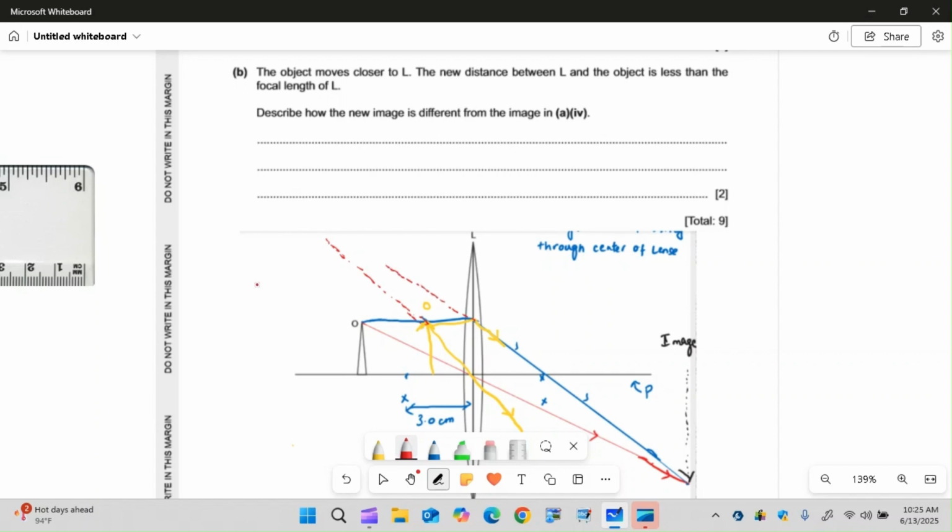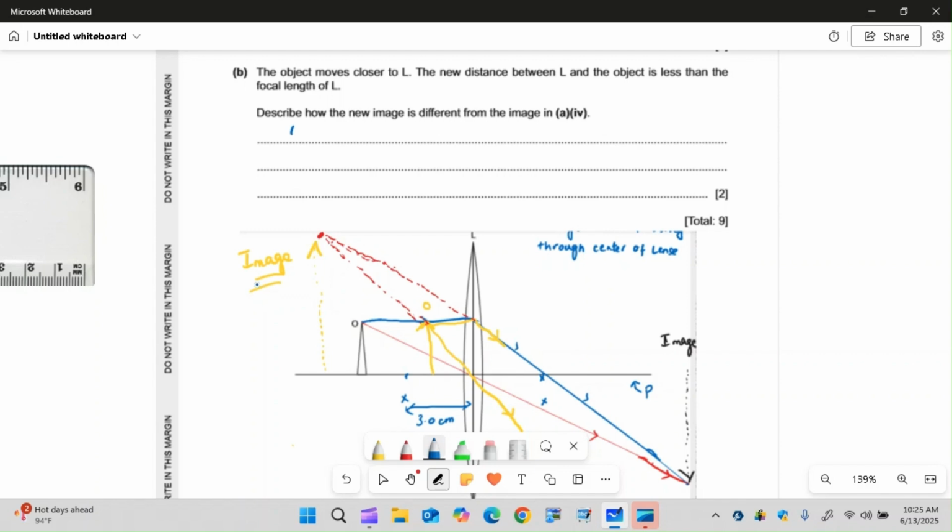Both of these rays, when I extend in the backward direction, seem to meet at a point here. And this point is the image point where the image is formed. So this image is obviously virtual. Why is it virtual? Because this image is formed on the same side of the lens.